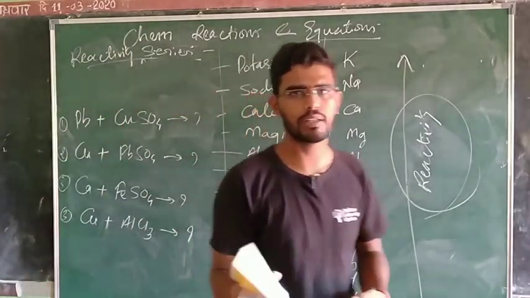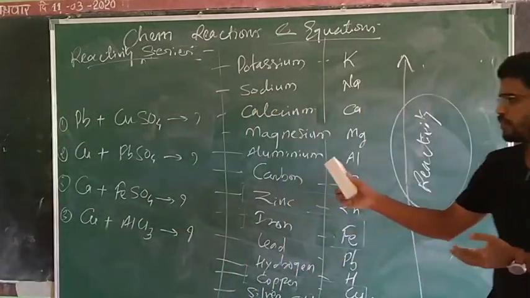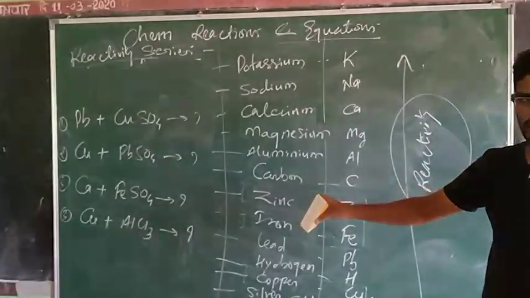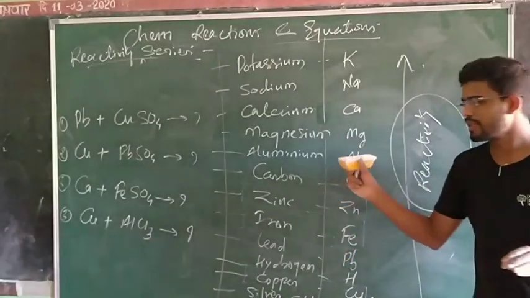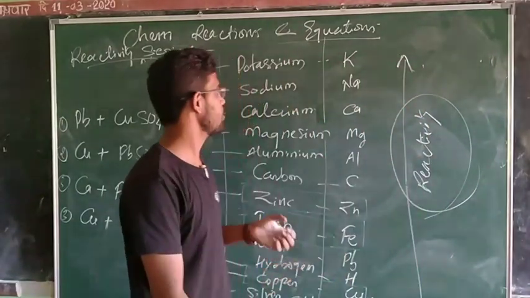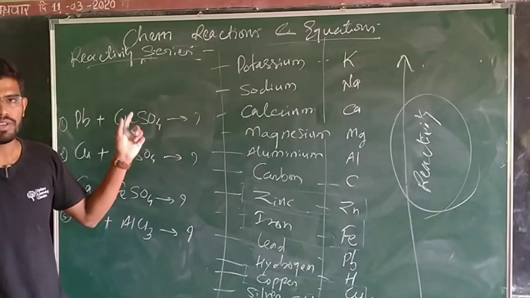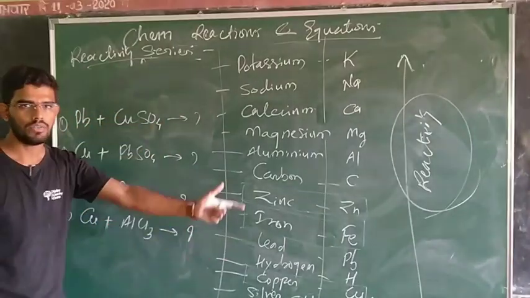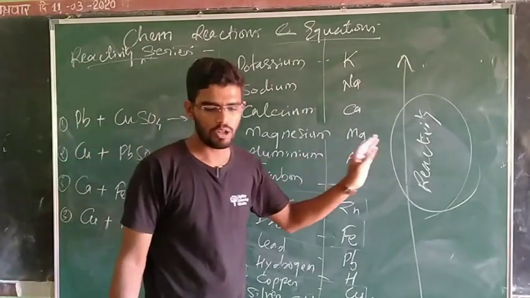Then we can discuss the possible results. Keep it ready with you. In the next class when we come, we may discuss that. So that is all about displacement reactions. We have understood everything with the help of this reactivity series, the reactivity and all the aspects.